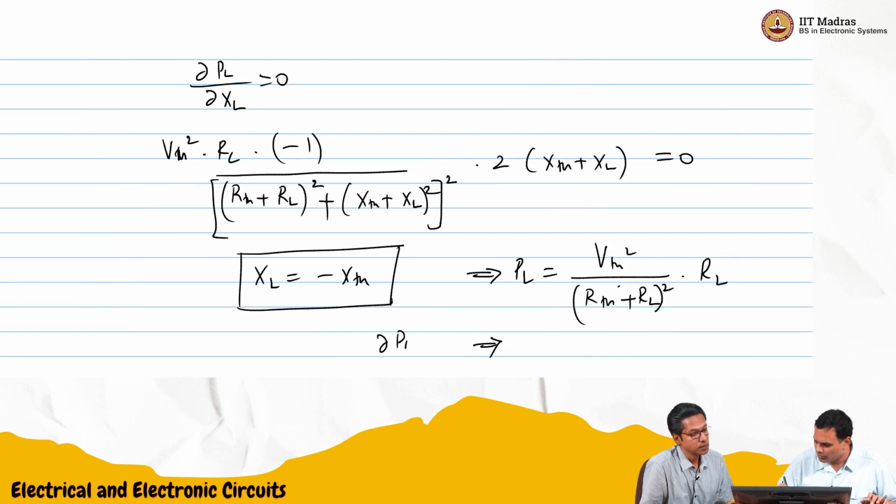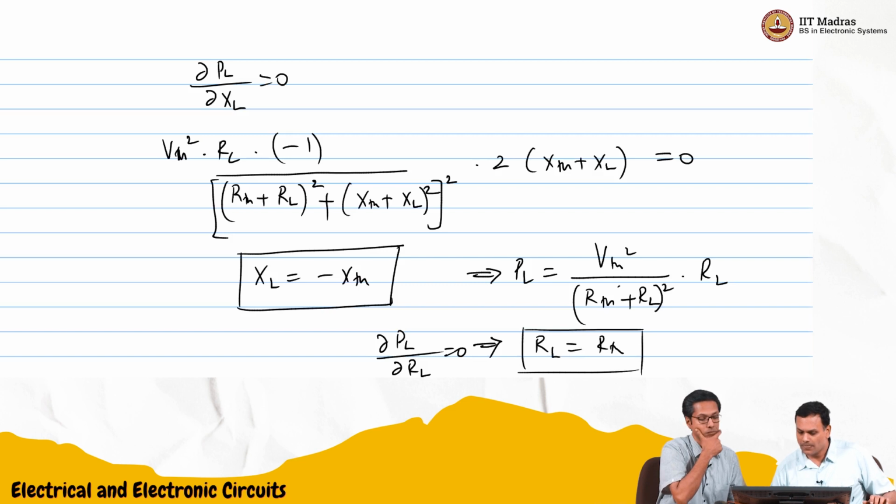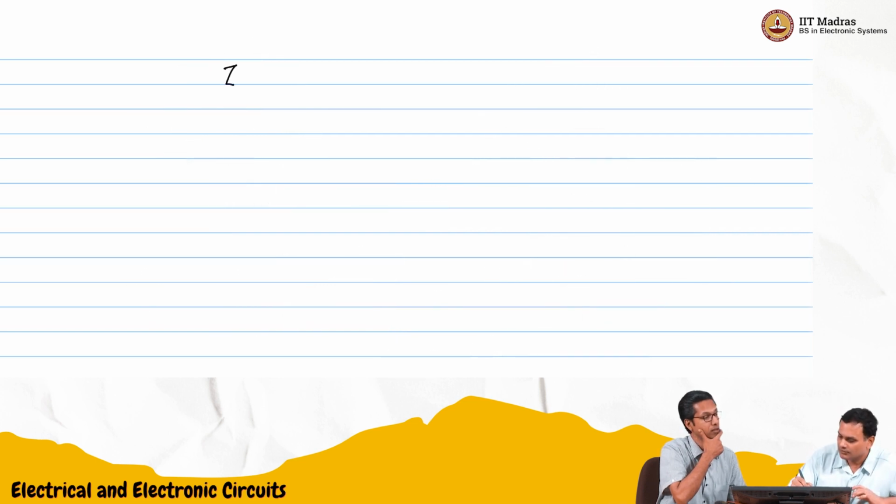So ∂PL/∂RL equal to 0 will give us RL equals RTH. Let us write this down: RL is equal to RTH, XL is minus XTH. So basically it is the complex conjugate of the Thevenin impedance.